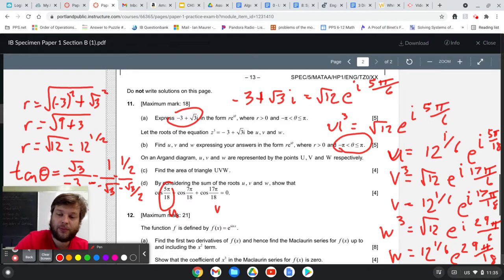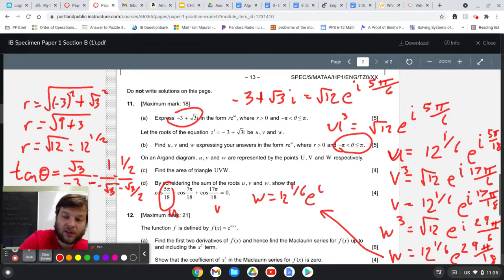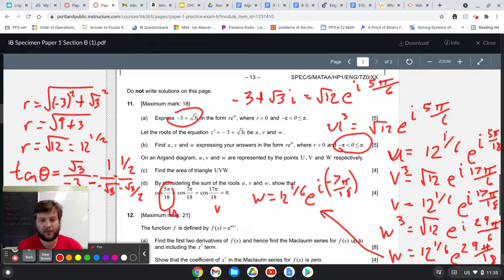So an equivalent form for w would be 12 to the 1/6 e to the i, and if I subtract 2 pi, that's like subtracting 36 pi over 18. So it's 29 minus 36. I have negative 7 pi over 18. And that looks a lot like the cosine of 7 pi over 18. So I have my values.